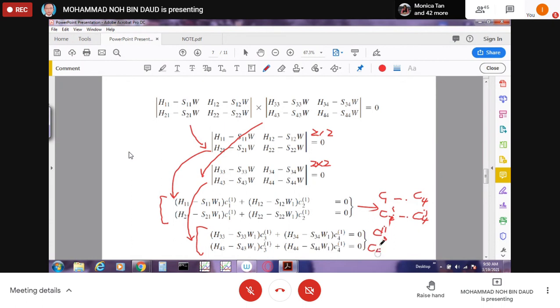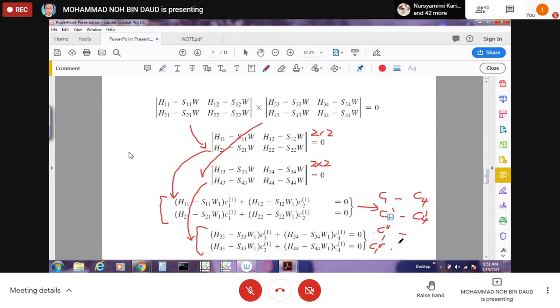This is C4 double prime. This is C double prime 1. This is C triple prime 1, and so on.